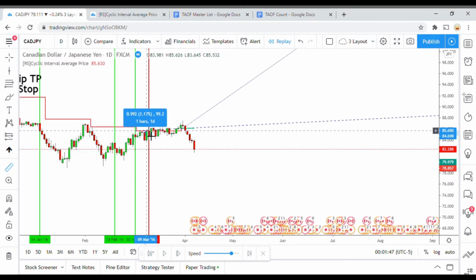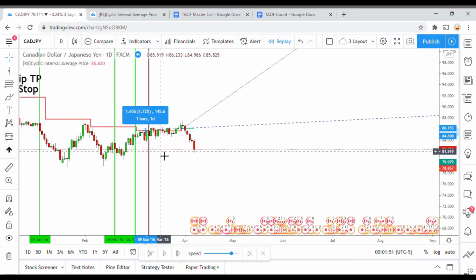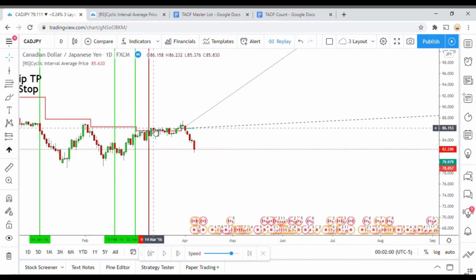Let's see if we can figure out where 135 took place, right here, that bar. And so we got a break above and then a break down below on this one.